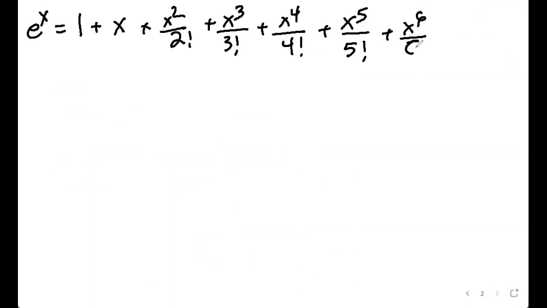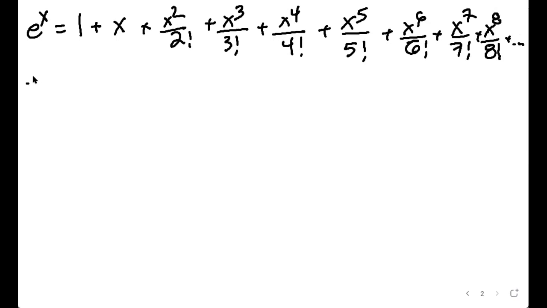Maybe I should use factorials here, 3 factorial, plus x to the 4th over 4 factorial, plus x to the 5th over 5 factorial, plus x to the 6th over 6 factorial, plus x to the 7th over 7 factorial, plus x to the 8th over 8 factorial, plus ... and we cut it off right here, degree 8 Maclaurin polynomial for e to the x.